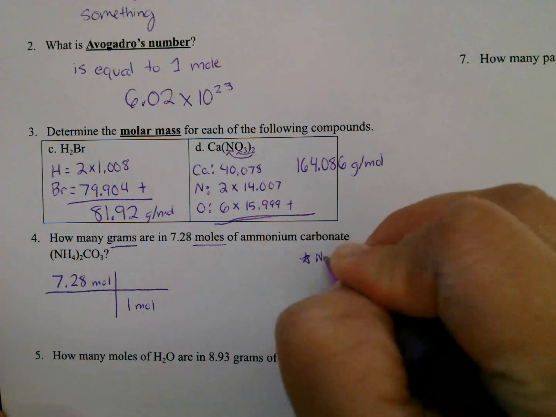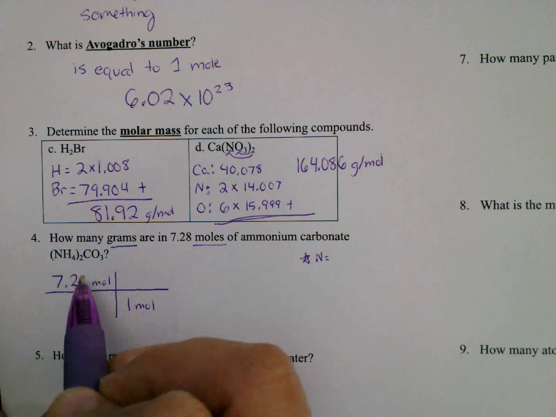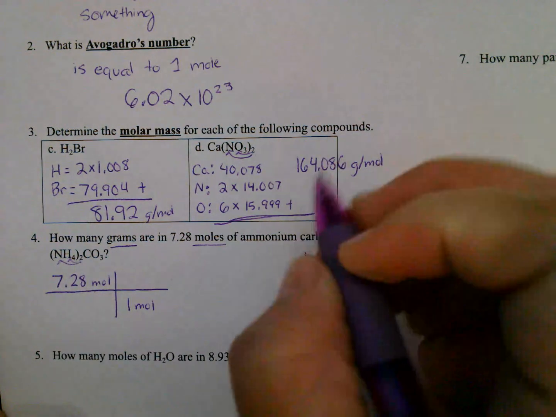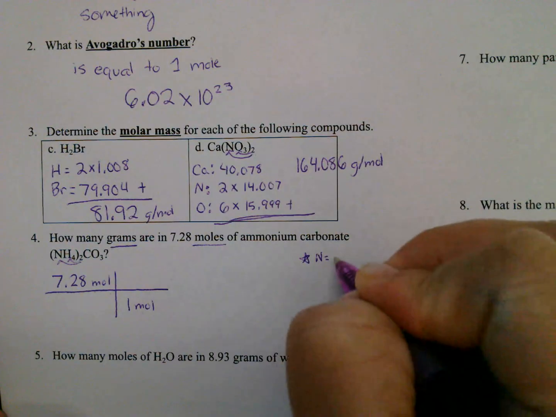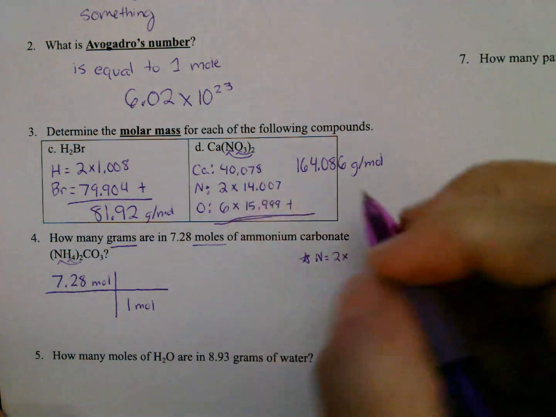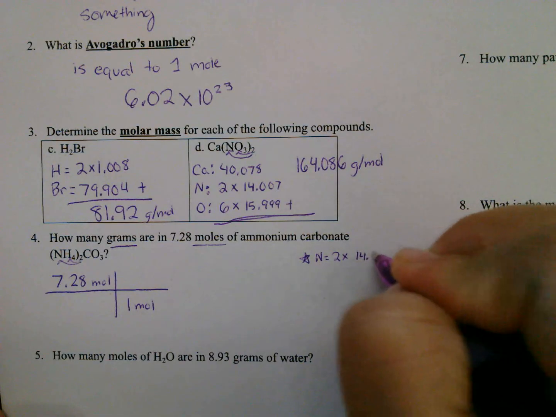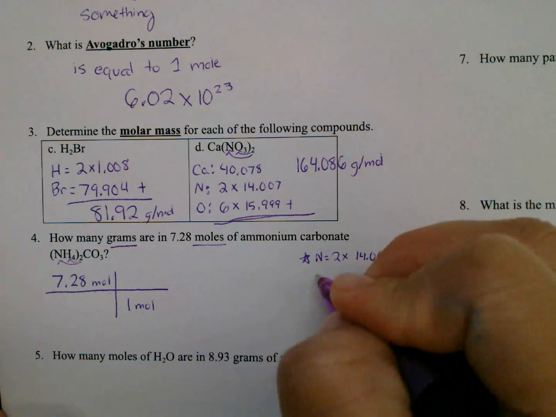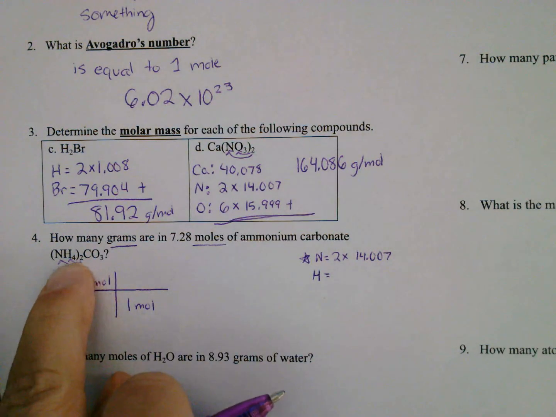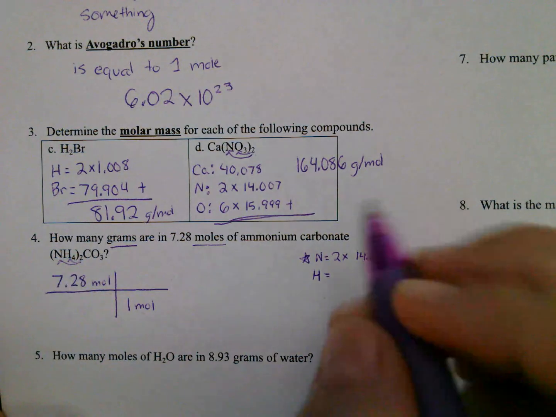For nitrogen, since I have a 2 outside the parentheses, remember the 2 is going to go to the N and the H. So I have 2 nitrogens times the mass for nitrogen. Again, it's 14.007. For my hydrogen, I have 4 in the parentheses and a 2 outside. So together, 4 times 2 is 8.